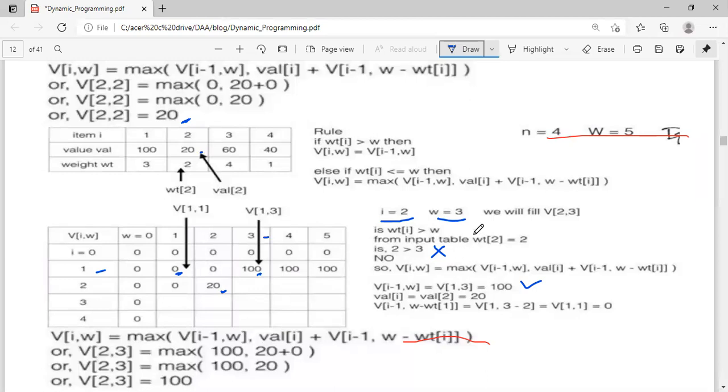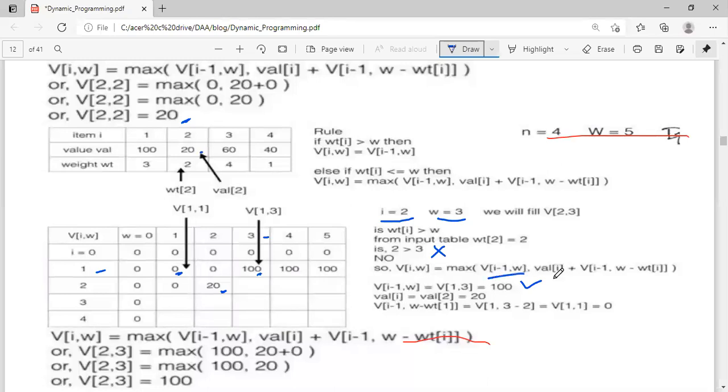How is the value going to be changed? Let's check it out. Here I is equal to 2, W is equal to 3. Is WT of I greater than W? So here, is 2 greater than 3? No, this is false. So now the formula is implemented here.